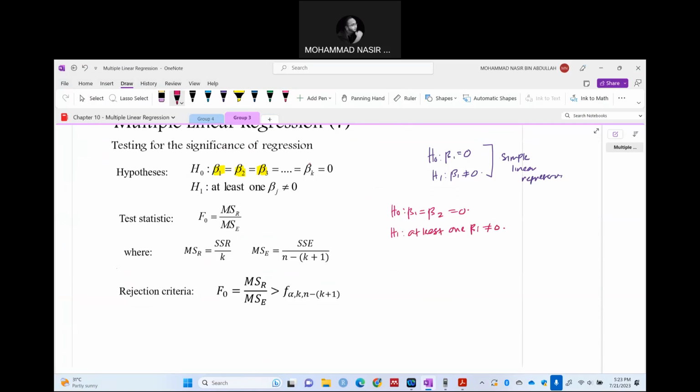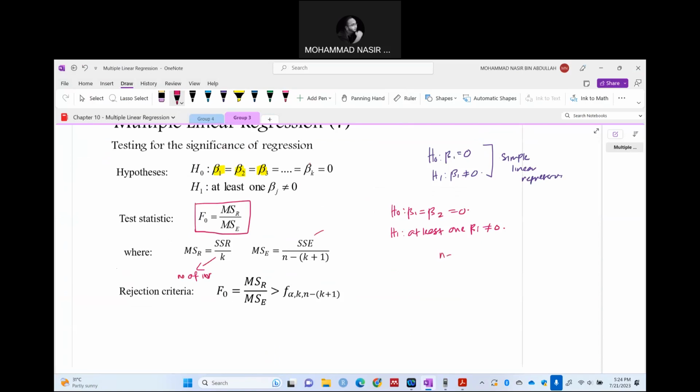And for test statistic, we will use F value from ANOVA table, where MSR is SSR divided by k. K means the number of independent variables, right? And MSE is sum of square error divided by degree of freedom. In this case, same as yesterday.